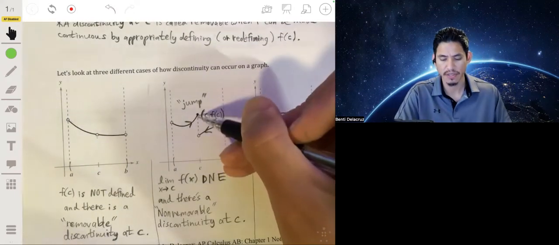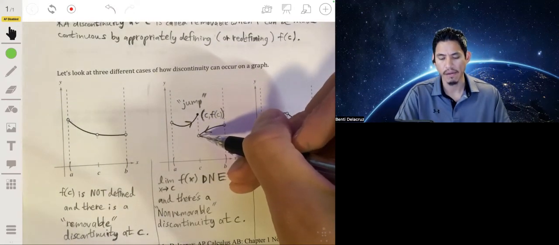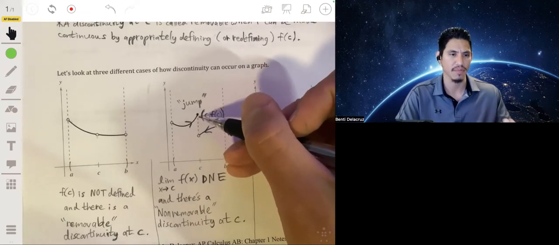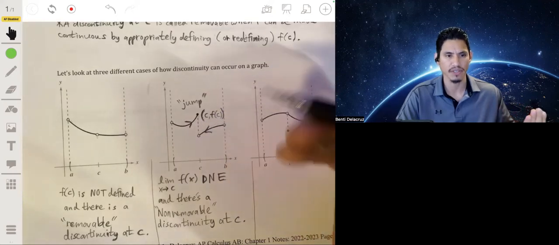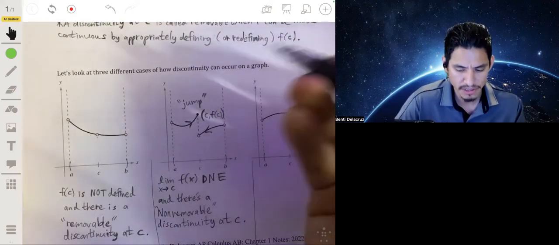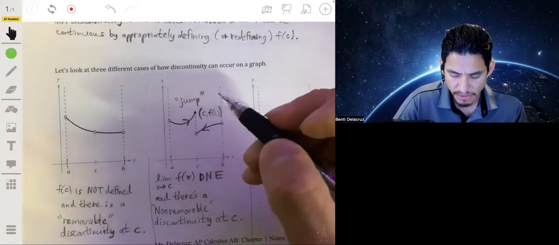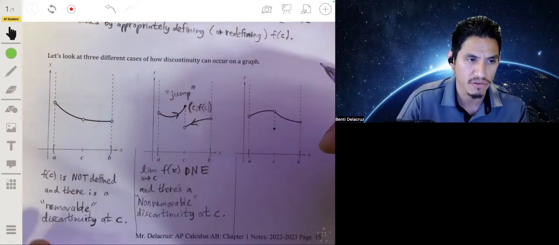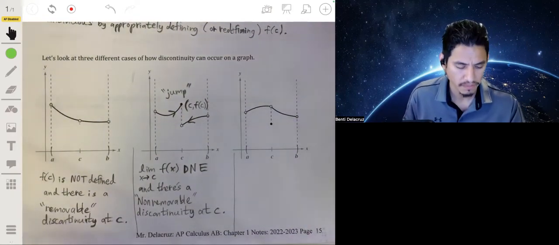Changing that point to be this one wouldn't connect the graph. And you couldn't make a vertical line, because then it wouldn't be a function of x. So there's no simple way to redefine f of c to connect the graph and make it continuous. That's why we say it's a non-removable discontinuity.